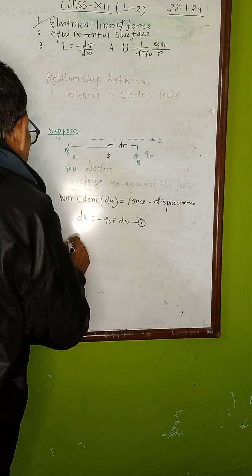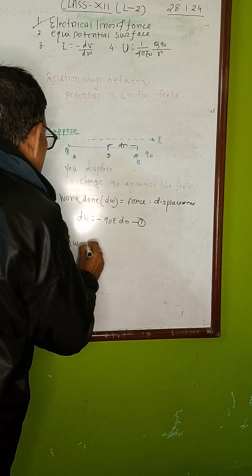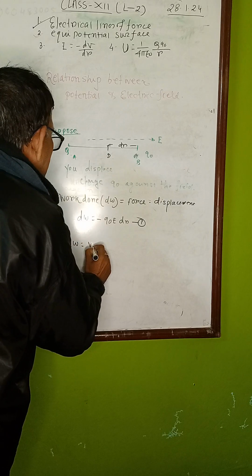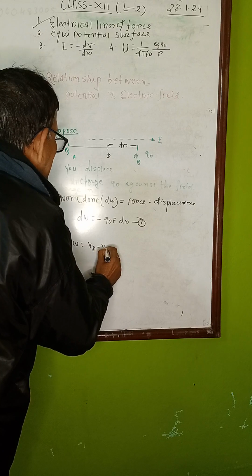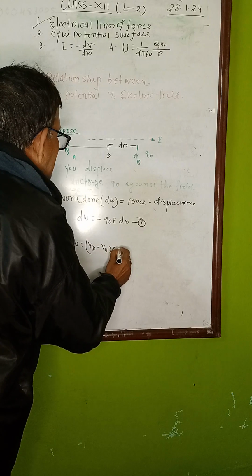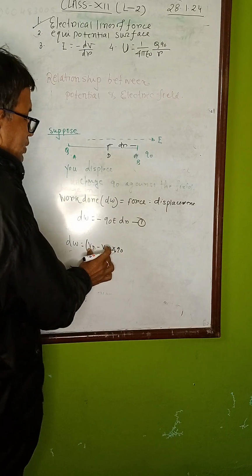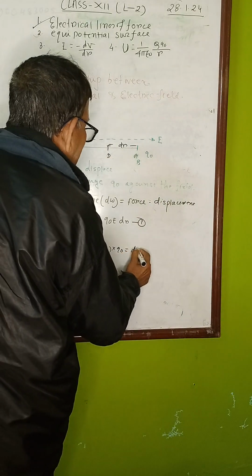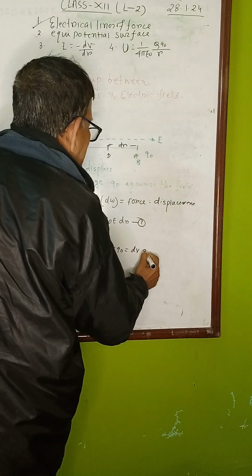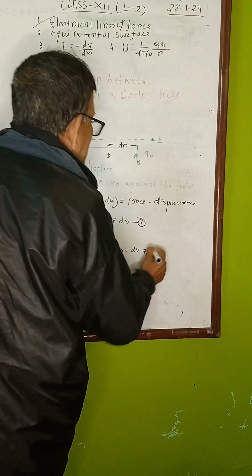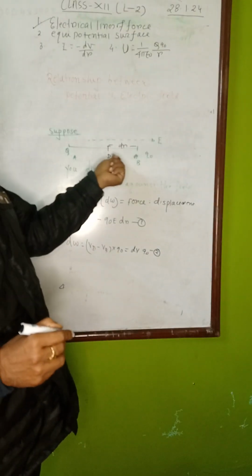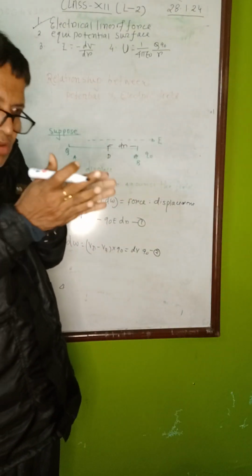Again you can write work done dW equals Vd minus Vb into Q0. This small gap of potential difference you can write as dV, into Q0. That means B and D are very close.